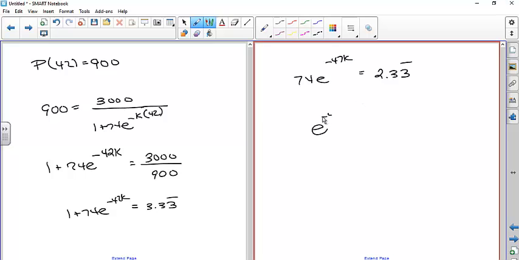Divide by 74. So first I got to subtract 1, divide by 74, and I get 0.03153. Okay, so now we take the natural log of both sides.